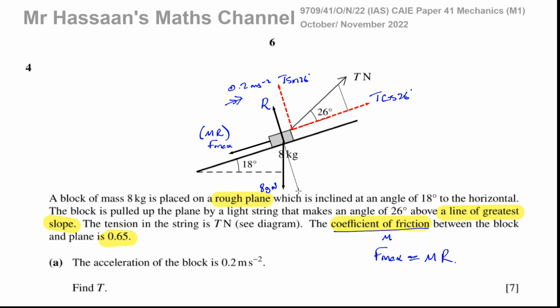Here we have a line which is the extension of the reaction force. The angle between the weight and this line, which is perpendicular to the plane, is always the same as the angle the plane is inclined to the horizontal. And I will explain the reason.